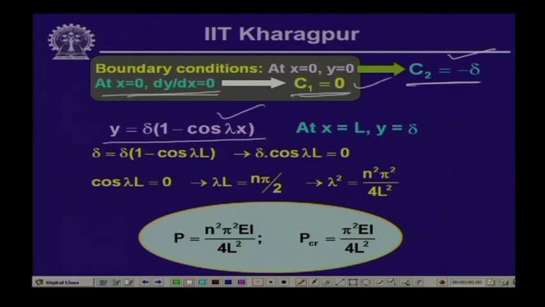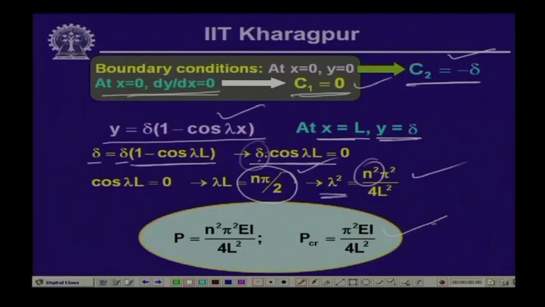Thereby we get y as equals to delta into 1 minus cos lambda x, and we will have to satisfy that at x equals to L, y is equals to delta. Thereby we get that delta is equals to delta into 1 minus cos lambda L, and thereby delta cos lambda L equals to 0. This gives us that either delta equals to 0 or cos lambda L equals to 0. If delta is 0, then there is no deformation of the member and there is no buckling.